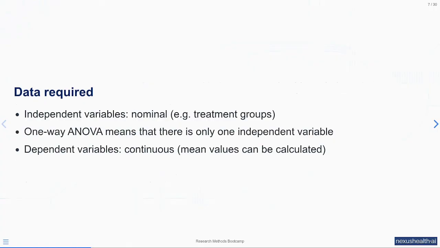That is to say, mean values can be calculated. So again, the independent variable has to be nominal, and in the one-way ANOVA, there is only one independent variable, and the dependent variable that we're interested in is continuous. This is what is required for us to do what is known as the one-way ANOVA test.